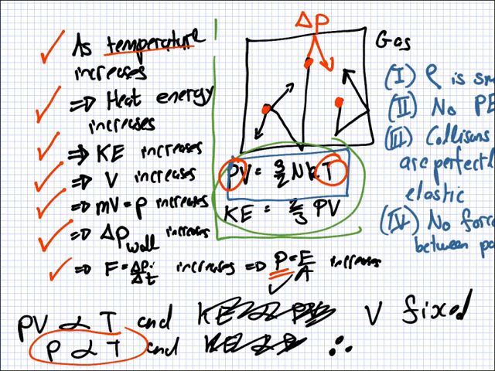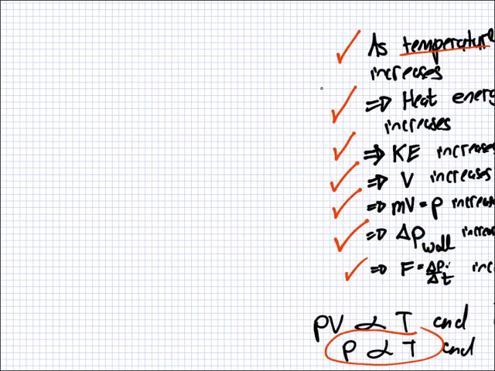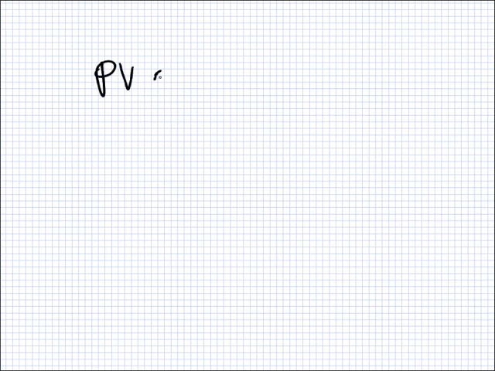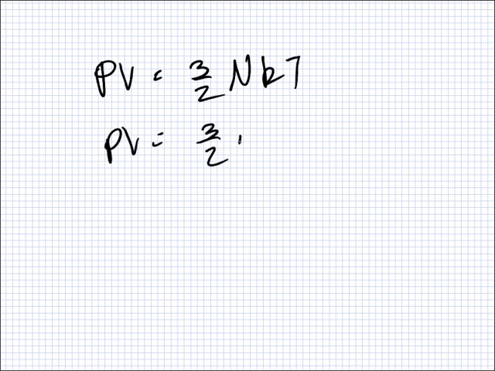Is it R or Q? I remember it's R. It depends if this is big N or small n. So if you remember, Ben, it's PV equals 3 over 2 NKT, or PV equals 3 over 2 NRT.